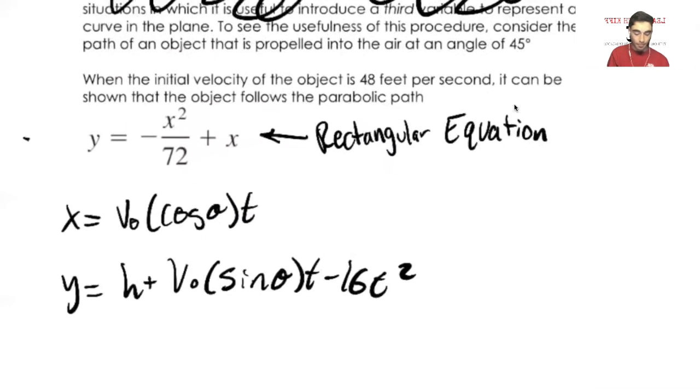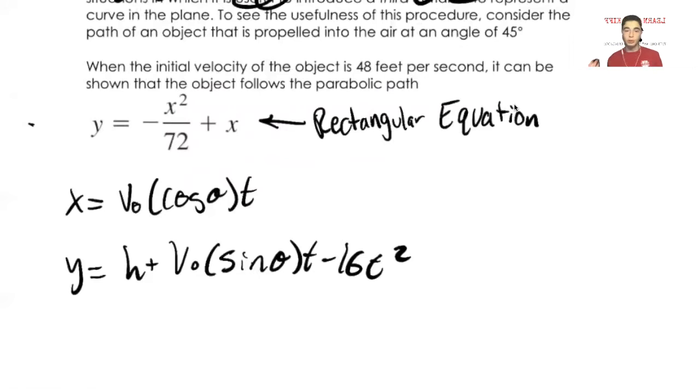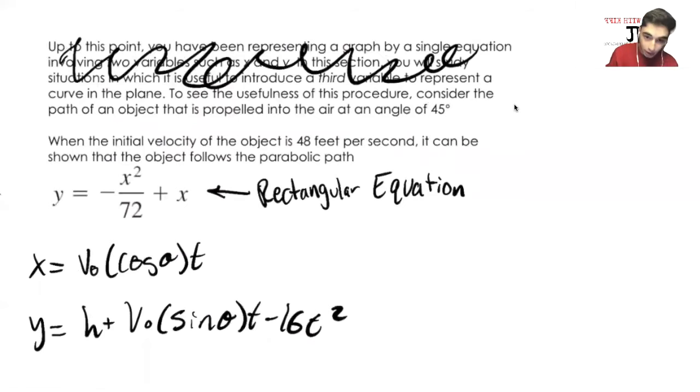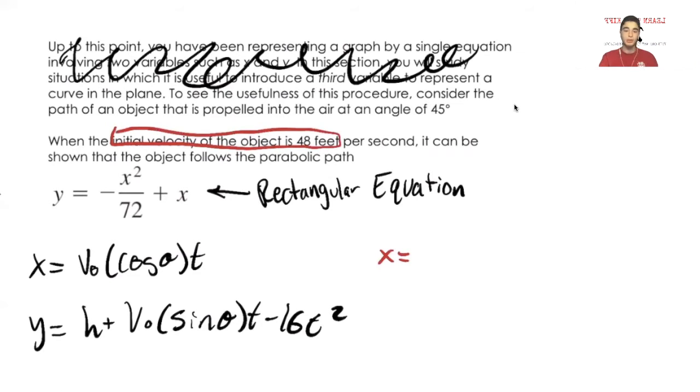All right. So we just plug it into these equations. I'm going to change my color. We have x equals initial velocity. It gives us the initial velocity. If you have taken physics, you would be able to solve these equations in an easier fashion, in my opinion, but this isn't physics, this is pre-calculus.